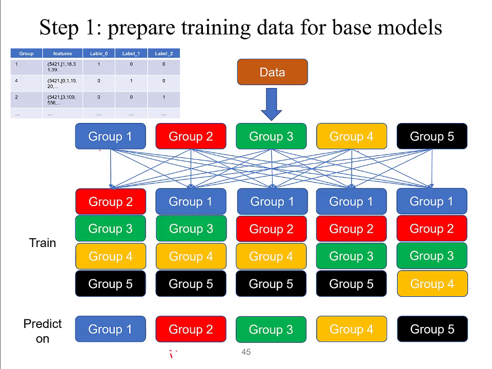So in set i, we use group i for prediction, and we use the other groups for training.